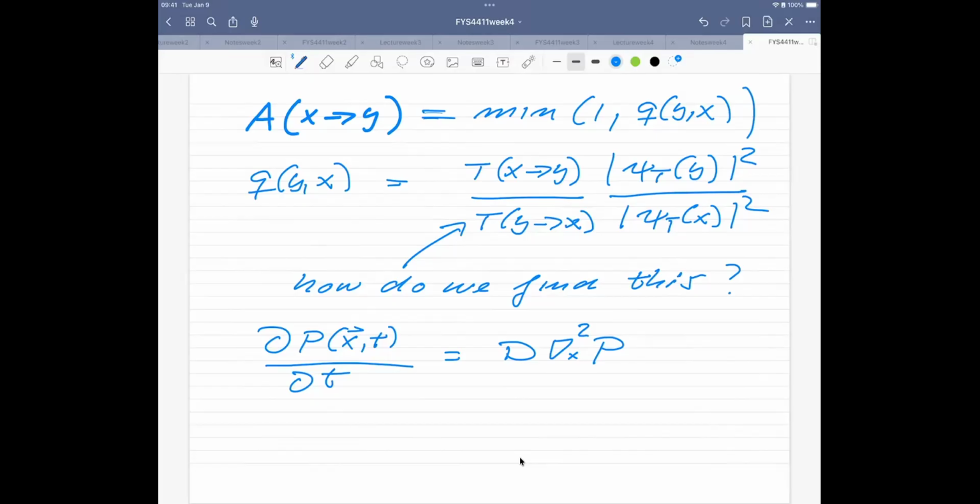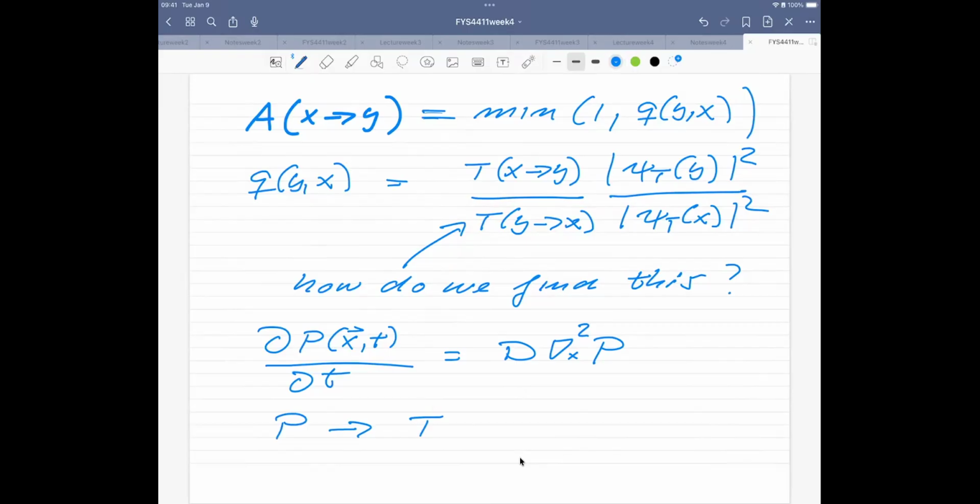Now, what we are going to show in the coming machinery is that this P can be replaced by this function t, which we have here. So I'm just anticipating the result.